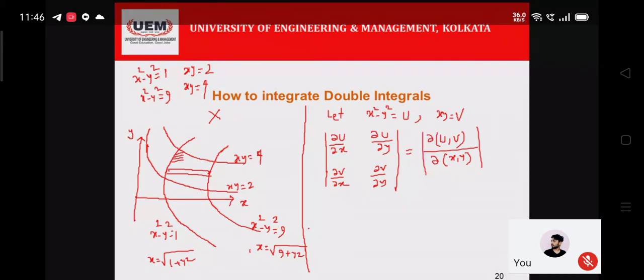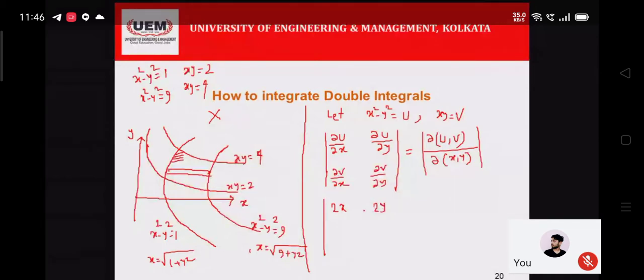Okay, now let us calculate the determinant value. Tell me, what will be del u del x? 2x. Yes. So let us write 2x, and this will be minus 2y.